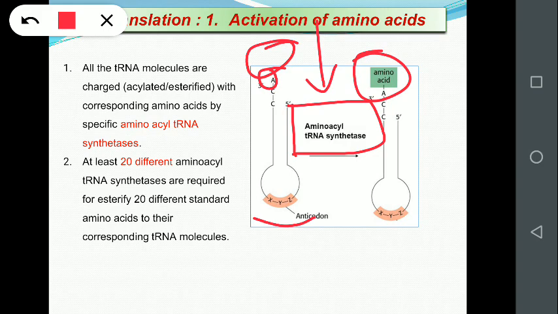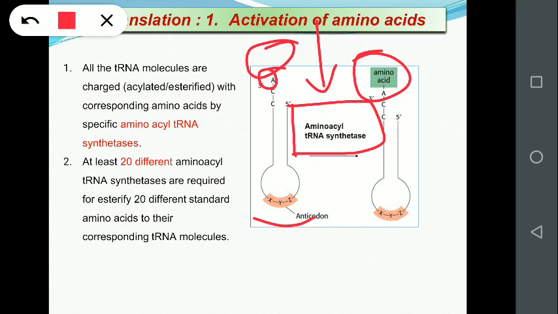For 20 different amino acids, we have 20 different aminoacyl tRNA synthetases. Suppose, for example, leucine: a leucine aminoacyl tRNA synthetase is there.